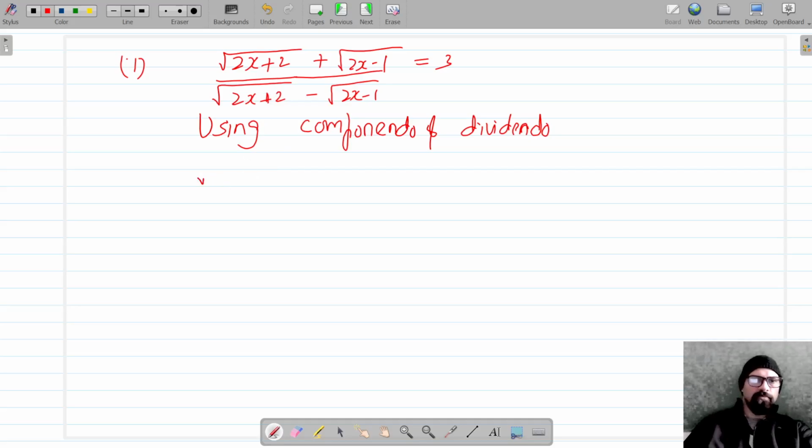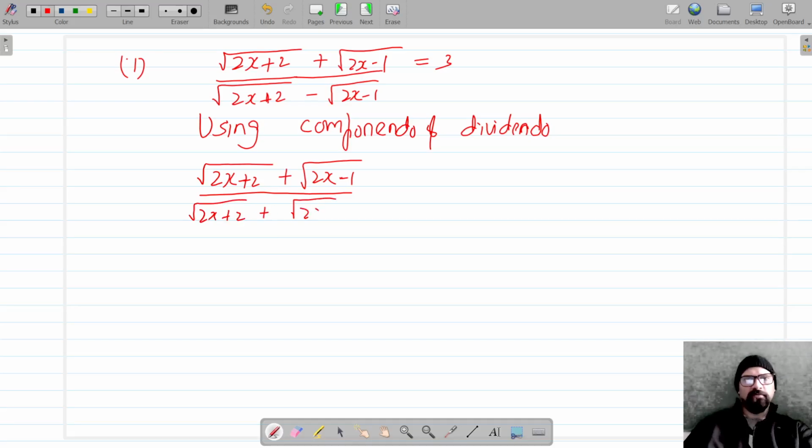So how do we use componendo or dividendo? We write the numerator, which is 2x plus 2 plus 2x minus 1. So write the numerator up and down, 2x plus 2 plus 2x minus 1. And then add and subtract the denominator.